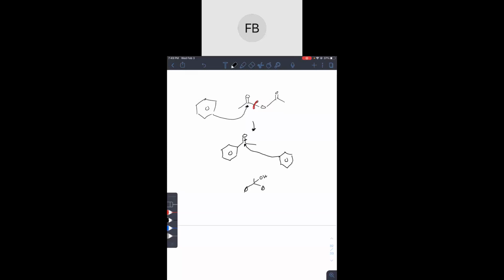Does everyone get this? About when you break something off versus when you just turn it into an alcohol? All right, let's continue.